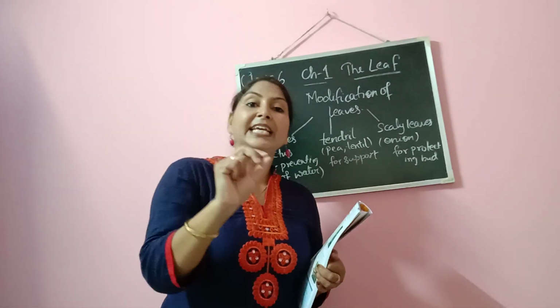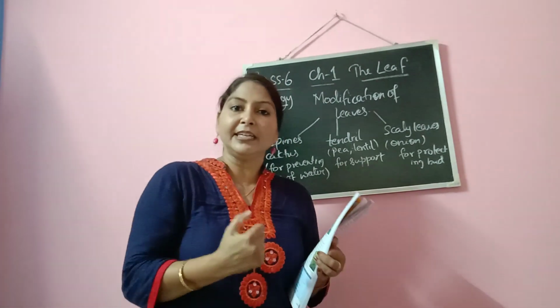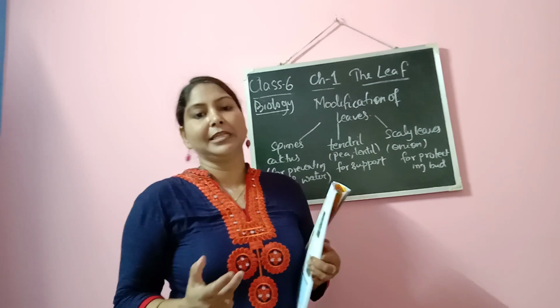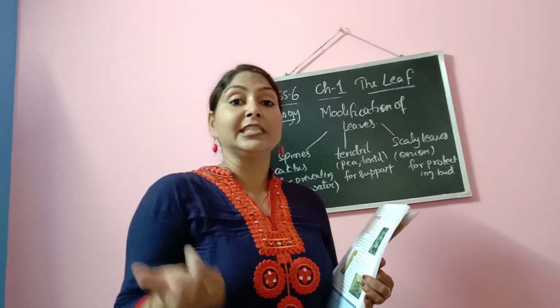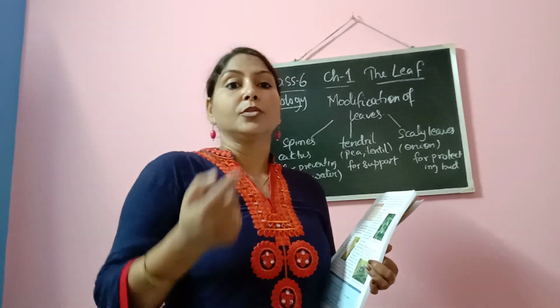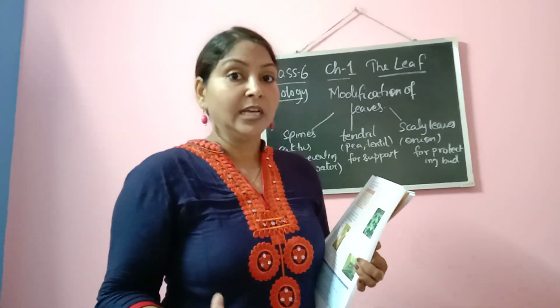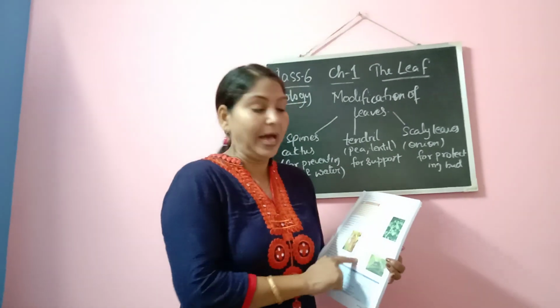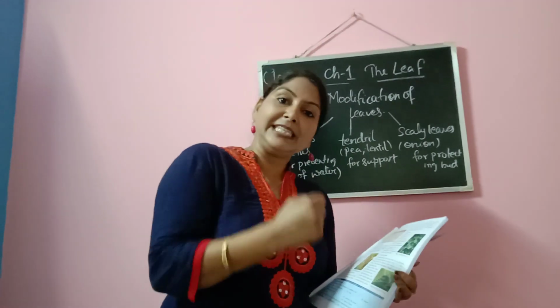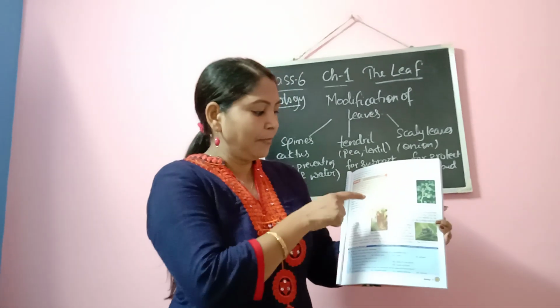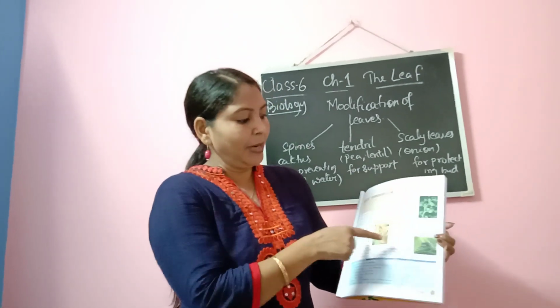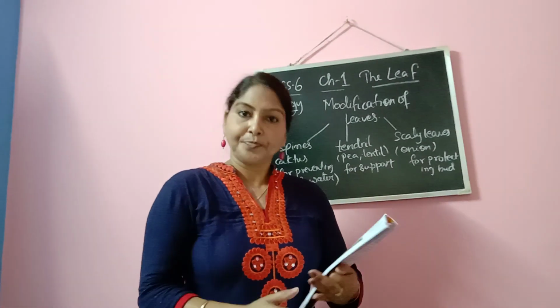Like those animals which eat plants are called herbivorous, in a similar manner these plants eat insects, so that's why they are called insectivorous plants. So the examples are bladderwort, pitcher plant and Venus flytrap.